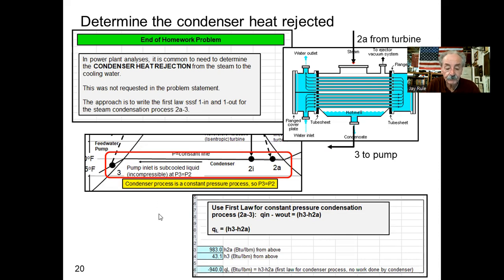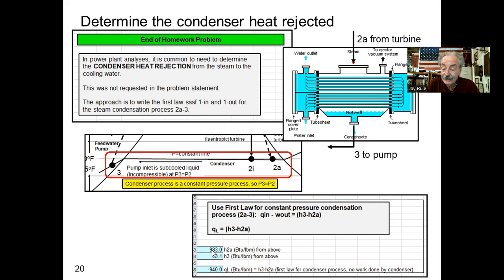And so we'll write the first law. Q is going to be H3 minus H2A. There it is: QL, the heat rejected, H3 minus H2A. It's going to be a negative number. Q added is negative; it's going to be rejected. This is all from previous work.